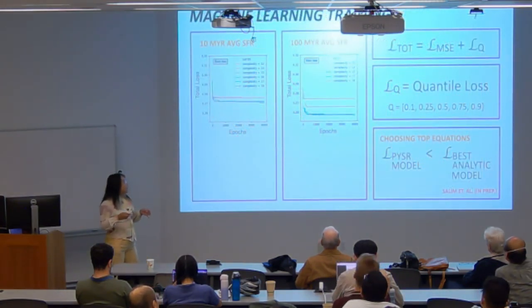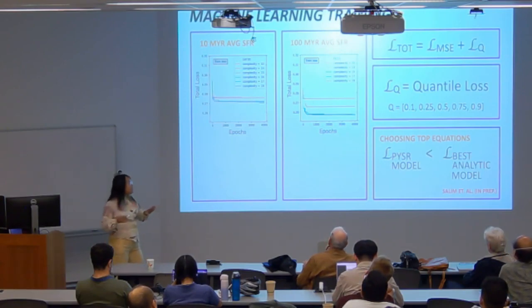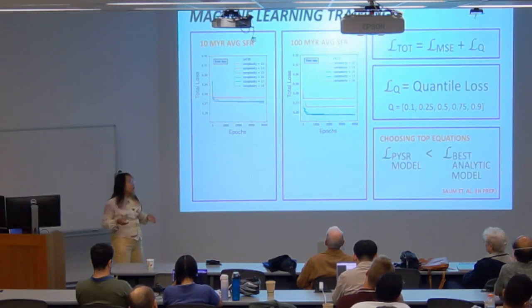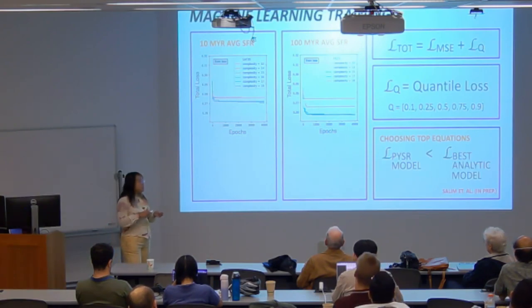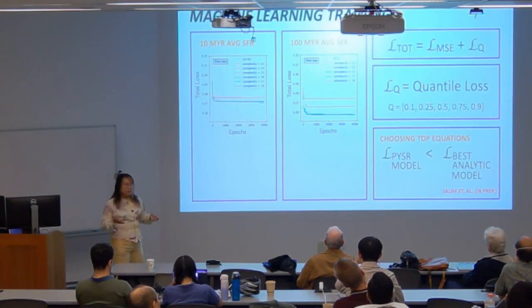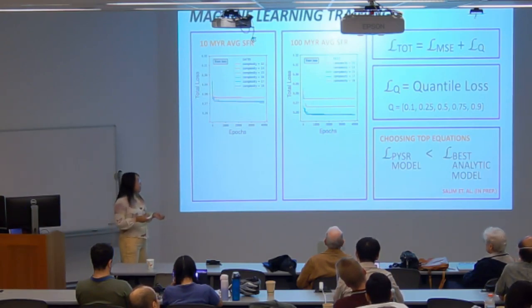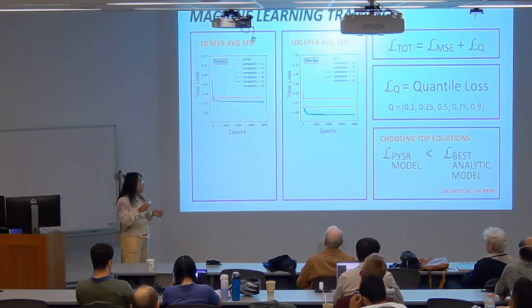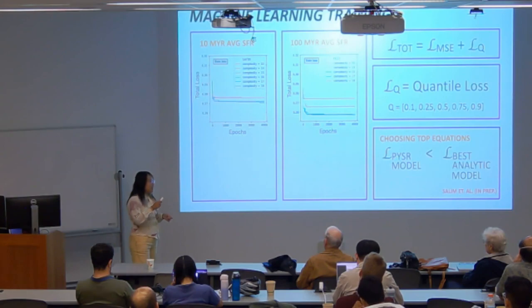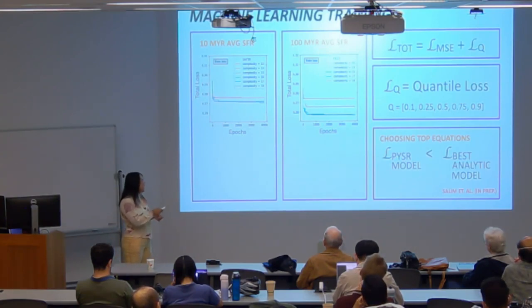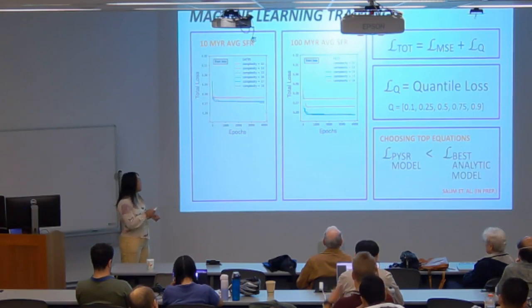So here's some technicalities for the machine learning side. We used a total loss that was the sum of the mean square error loss and a quantile loss to try to incorporate the distribution of the data a little bit. And the top equations that we chose had to have a loss that is less than the best analytic models that we had.